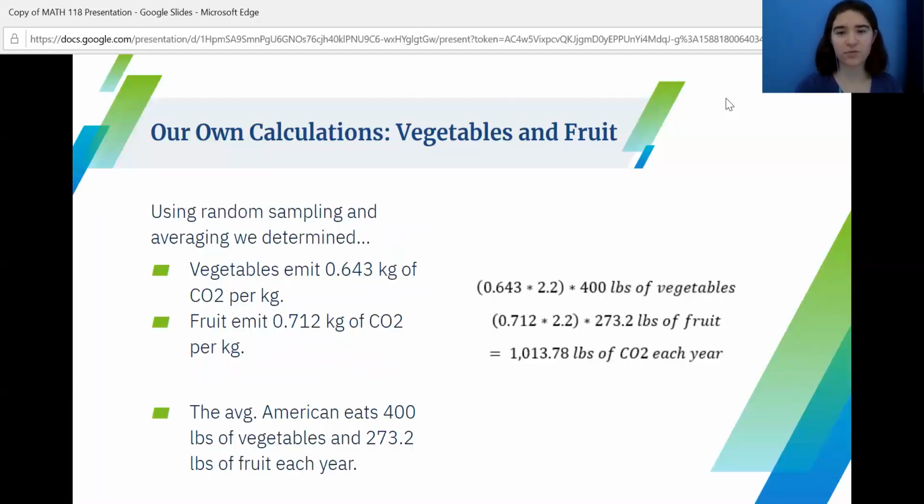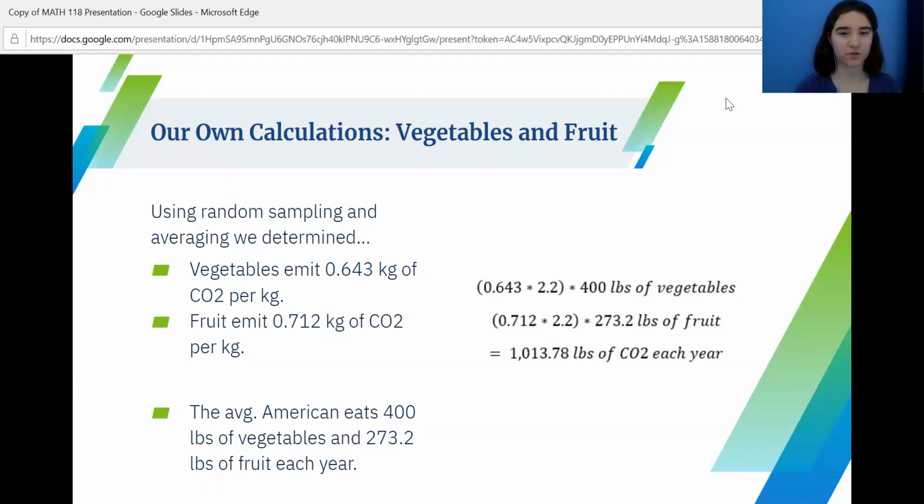The next food categories we did were vegetables and fruit, and this is where it gets a little bit more complicated. So, as I'm sure everybody is aware, there's multiple kinds of vegetables and multiple kinds of fruit. But using a source, we kind of did a random sampling of CO2 emissions and calculated the average CO2 emissions for a kilogram of vegetables.